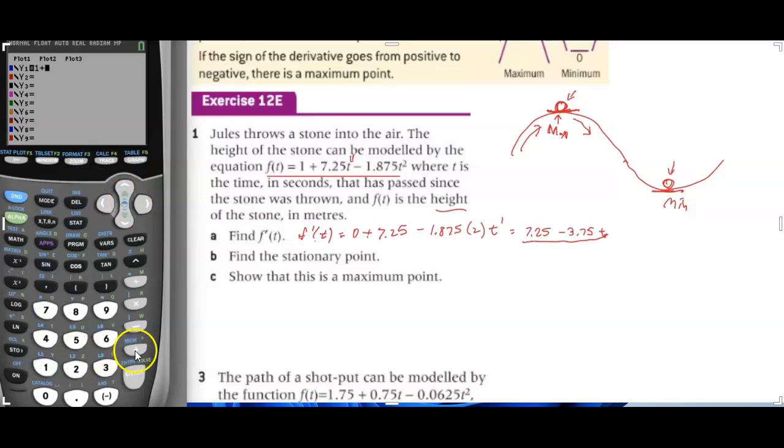So 1 plus 7.25 x minus 1.875 x squared. That's my height function. And then I'm going to put the derivative function, which is 7.25 minus 3.75 x, in y2.